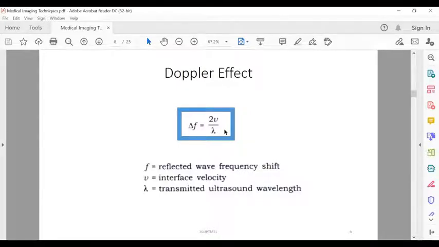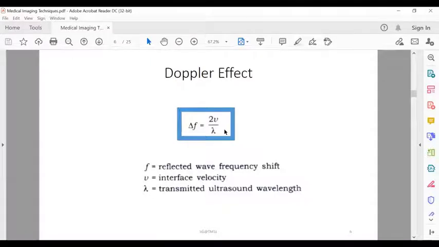The frequency increases if the interface moves towards the transducer and decreases when it moves away. So if ultrasound is reflected from a moving object, the measured frequency shift is proportional to velocity.